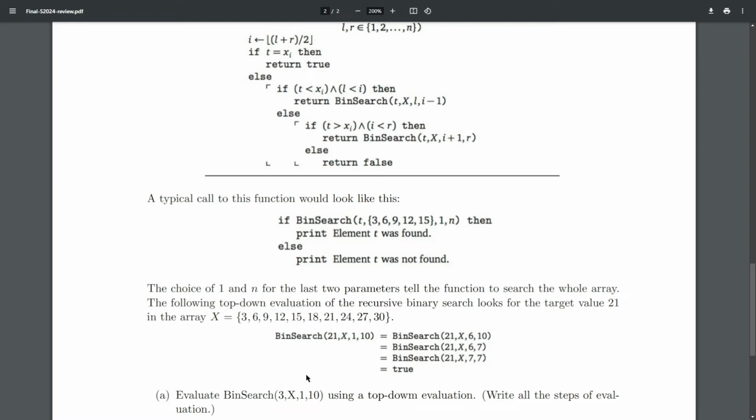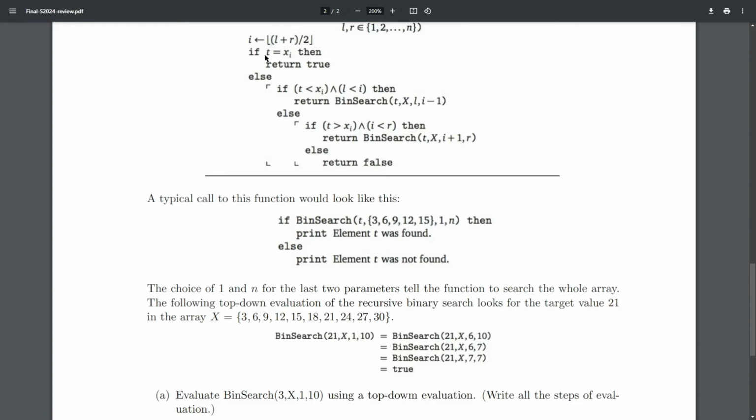So let I be equal to floor of L plus R divided by 2. L is our 1, R is our 10, 1 plus 10 is 11, divided by 2, that's 5.5, and then the floor is the greatest integer that is smaller than 5.5, so we have 5. So I is equal to 5.